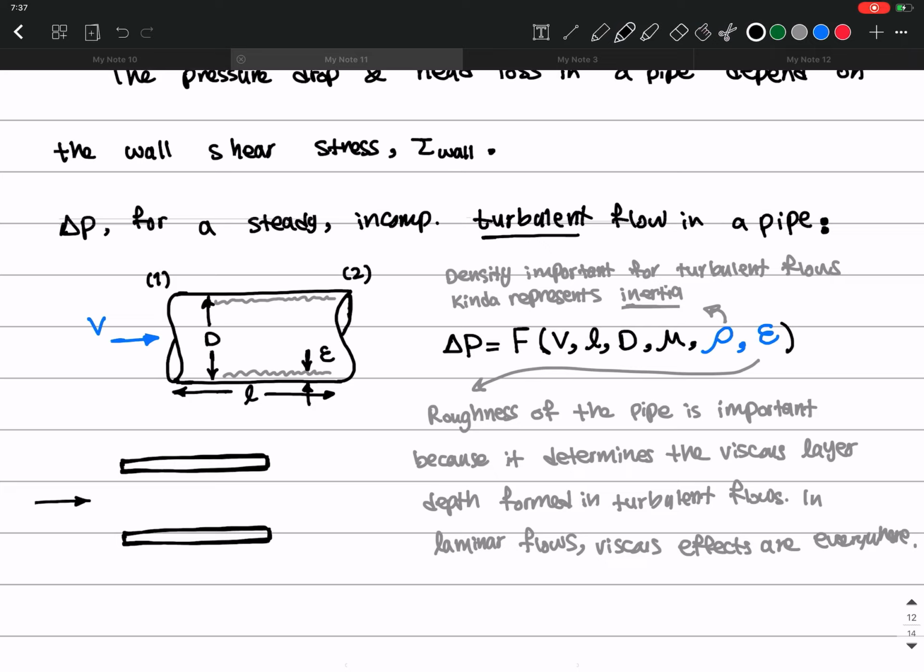So if your velocity is low, then these viscous effects are going to be everywhere.